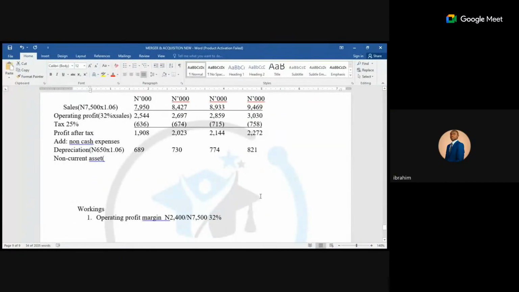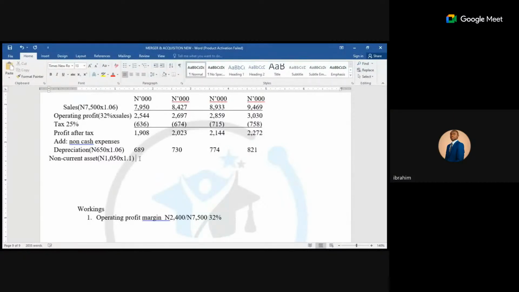So what is the value of the non-current assets? I think it's 1,050, 1,050,000. Okay, so 10% is 1.1, right? Is it 1.1? Yes, sir. Okay.